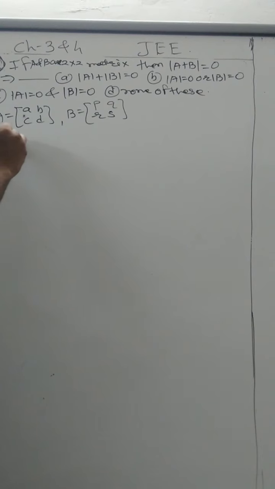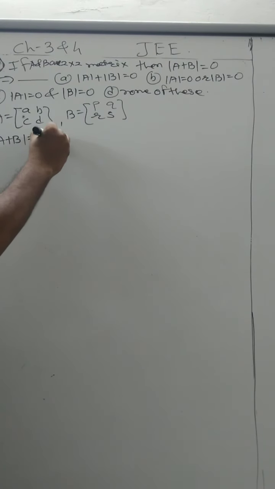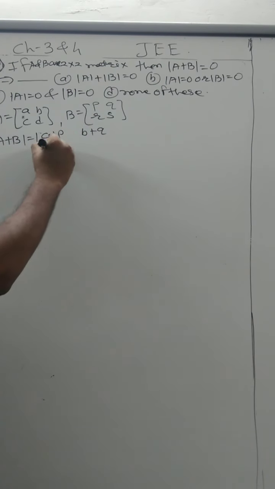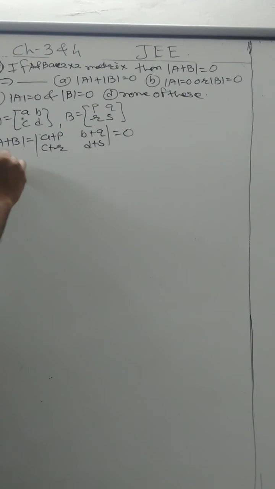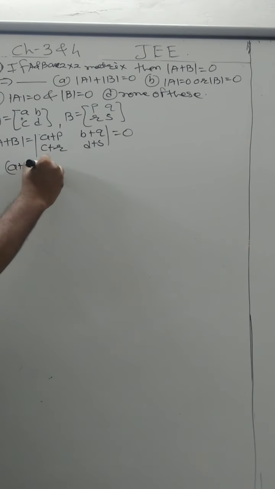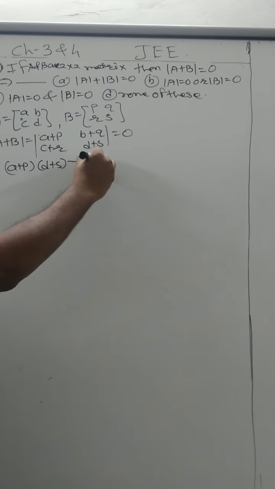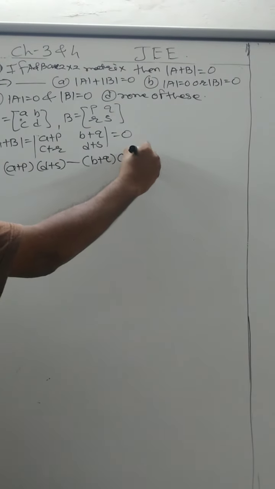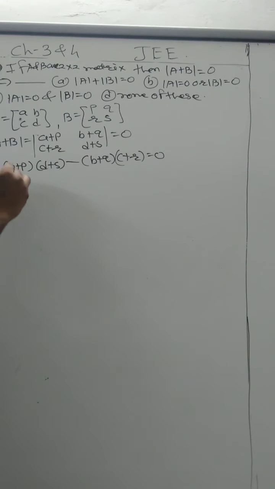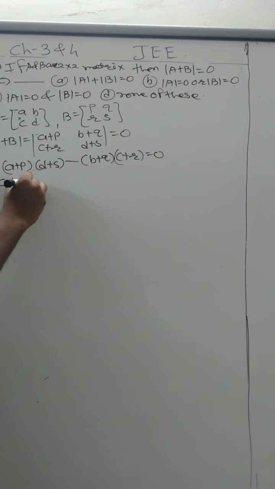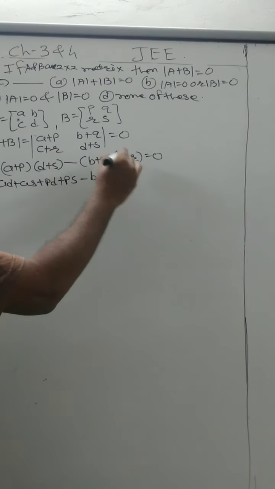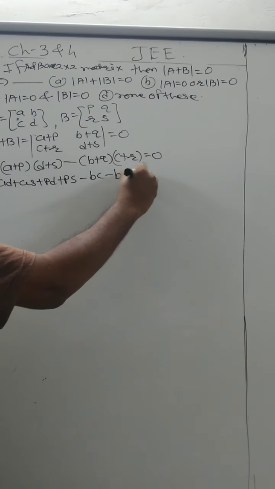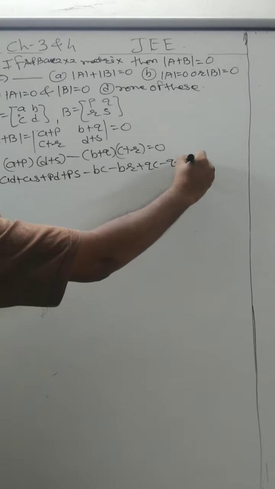So determinant of A plus B is equal to [a plus p, b plus q; c plus r, d plus s]. If this equal to 0, it means what? (a plus p)(d plus s) minus (b plus q)(c plus r) is equal to 0. Therefore, ad plus as plus pd plus ps minus bc minus br minus qc minus qr equal to 0.